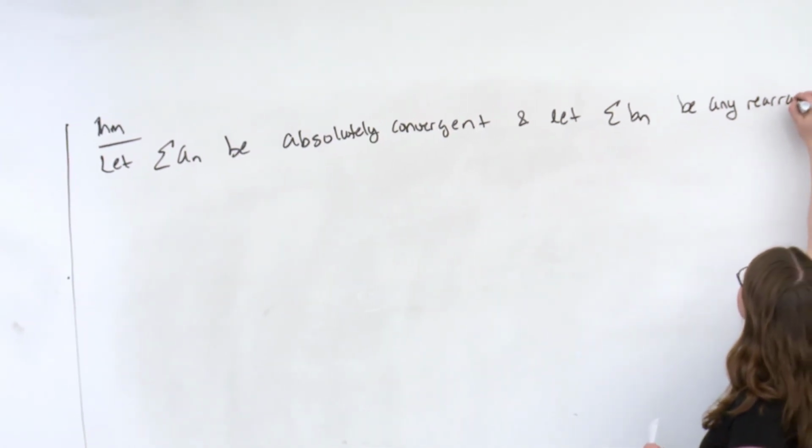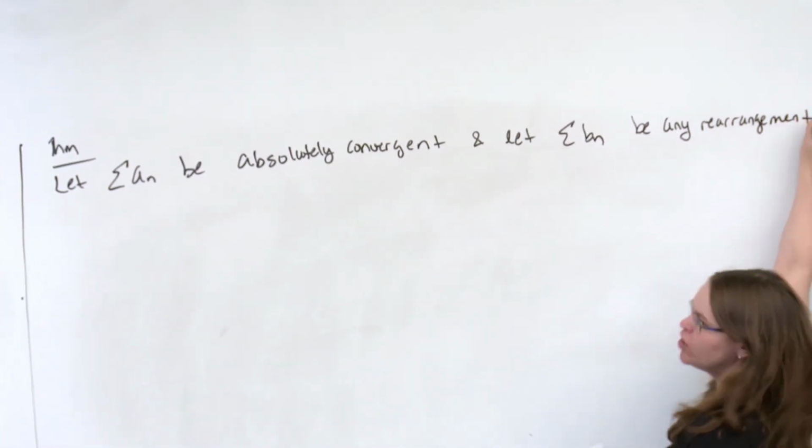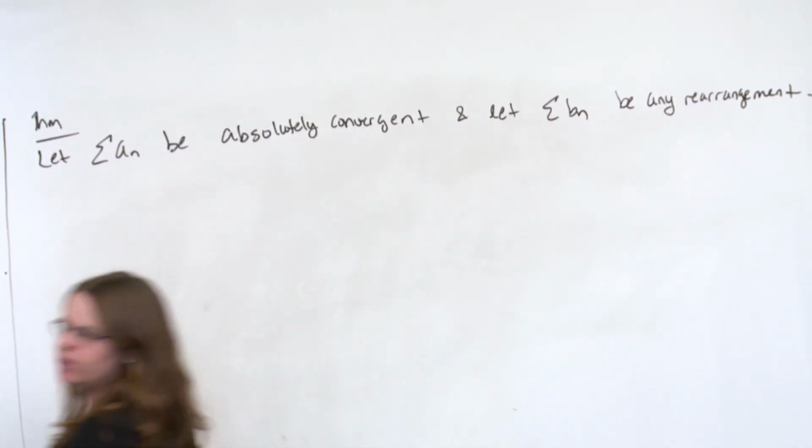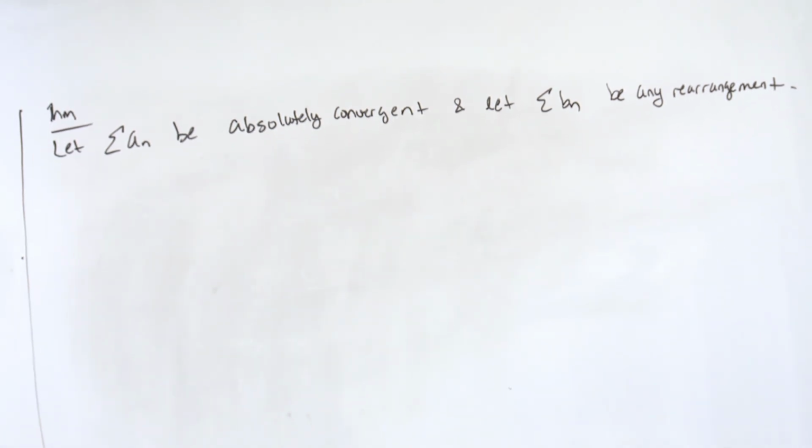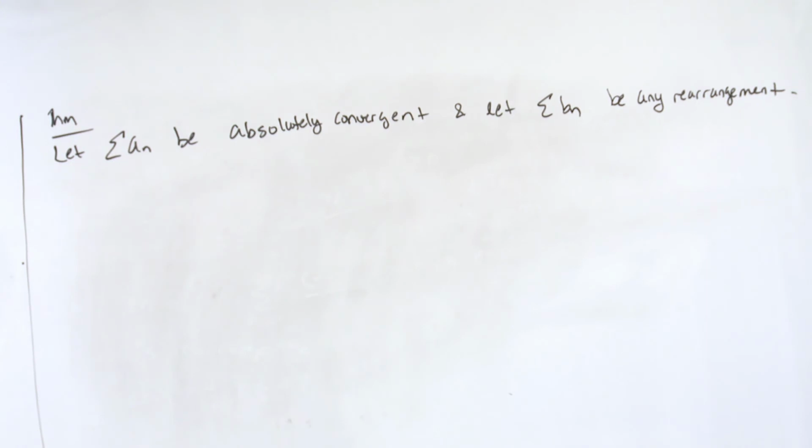You know it converges so strongly that even if you take the absolute values of things, you still have convergence. So add up 1 over n squared, or add up minus 1 to the n over n squared. You take those terms, rearrange them any way you like, and it's fine. You haven't changed anything. Okay?